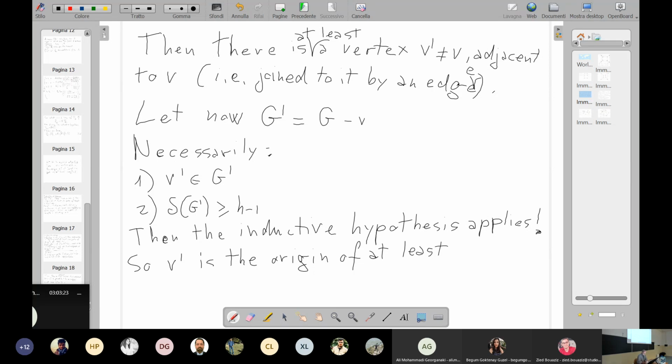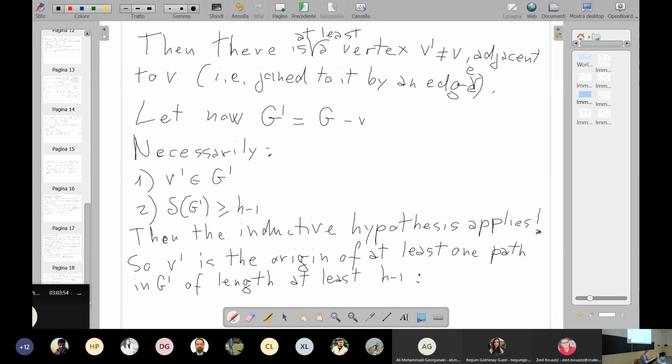So V prime is the origin of at least one path in G prime of length at least H minus 1. Let's give some names to vertices and edges of this.